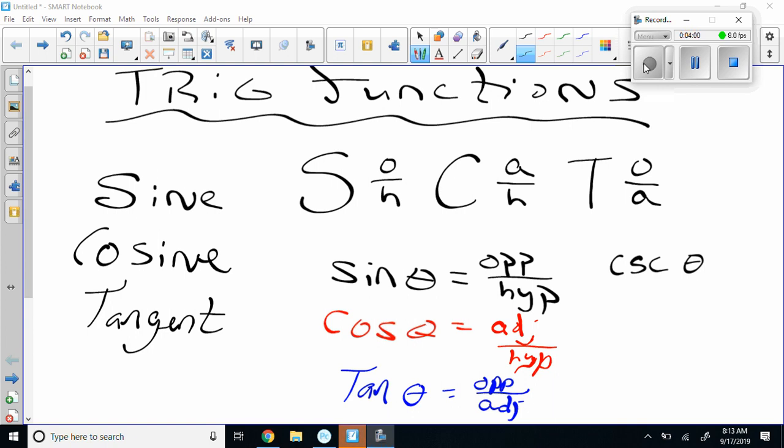What's the inverse be? This is basically one over that, which would be hypotenuse over opposite. Cosecant is the inverse of sine.